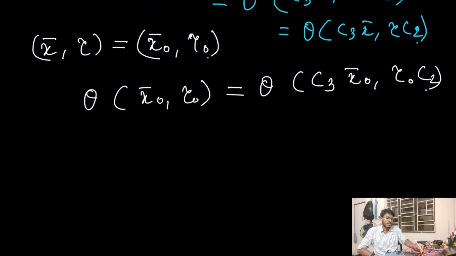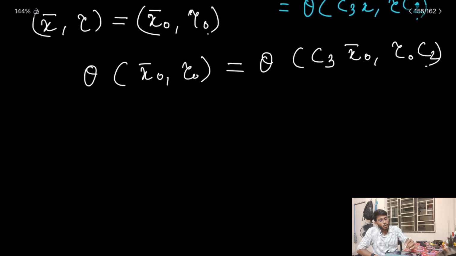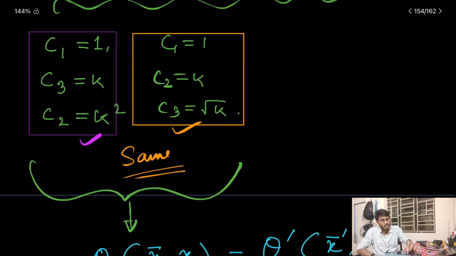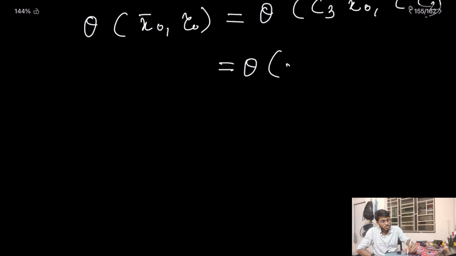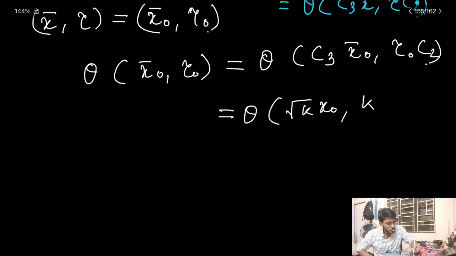So now we can see that if my coordinates are changing like this, here now I know what my C3 and C2 are. C3 is root k, so this is root k x naught, and C2 is k, so this will be k into tau naught.